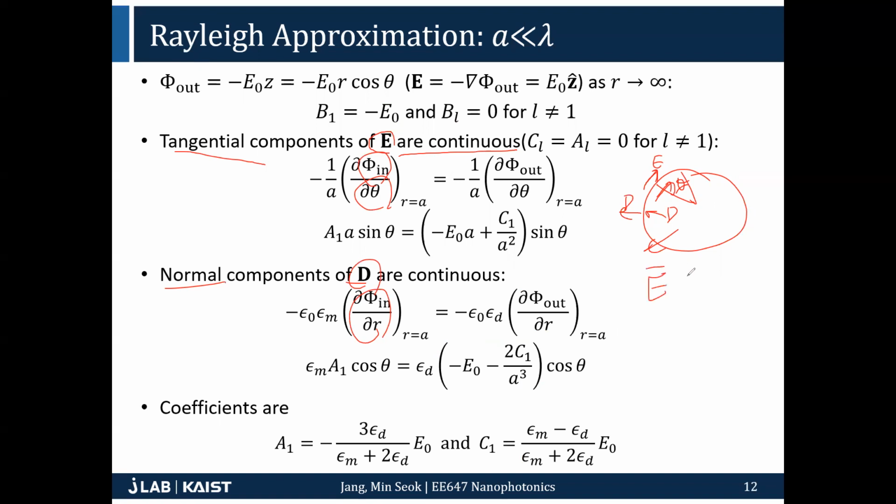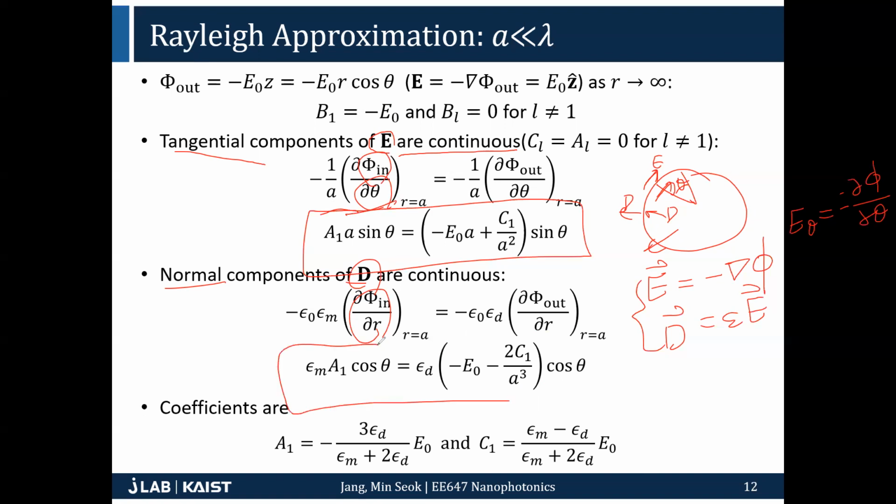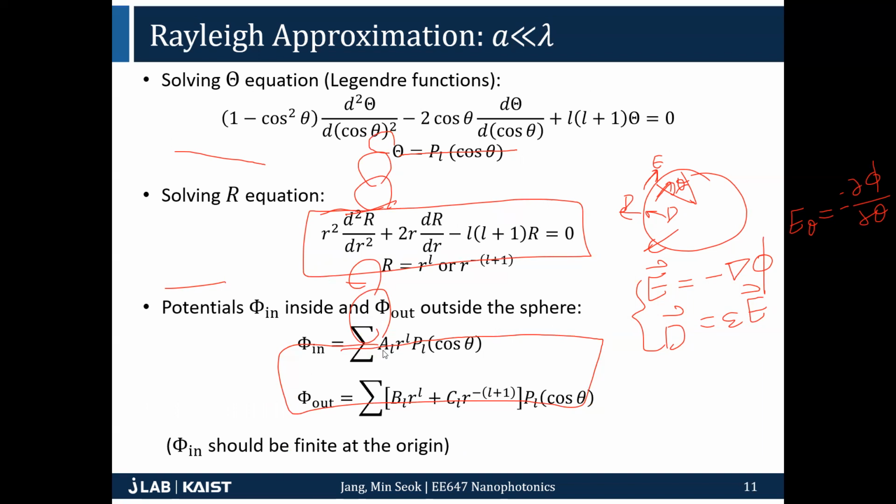You should remember E is minus gradient of phi, and D is epsilon E. So E theta is the same as minus the derivative of phi along theta, and we do the same thing for R. From these two boundary conditions, you can obtain two relations, and once you get these relations, you can determine all the other coefficients, basically A_L and C_L.